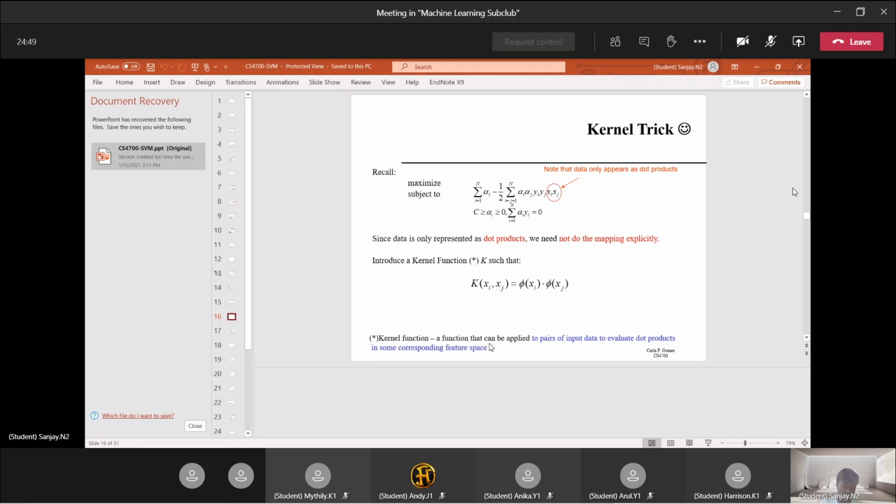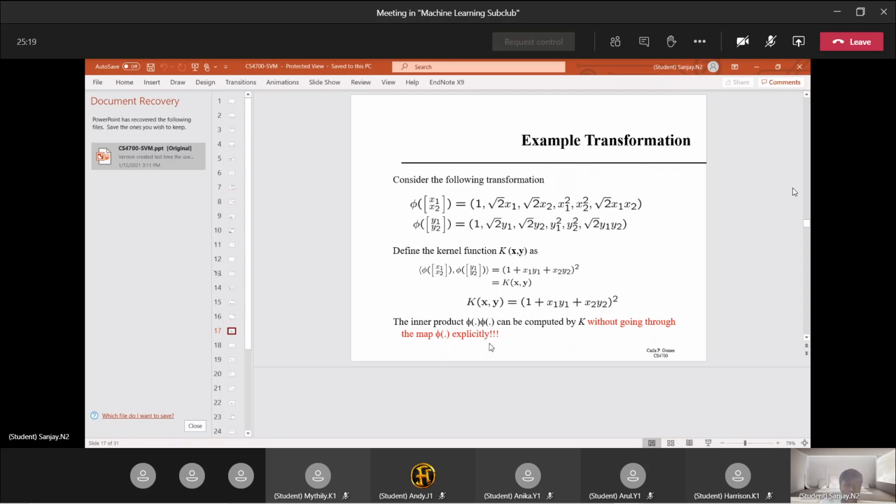So you can feed in maybe 5 to 10 features in a single data point, and the kernel function, which would be a pre-processing step into the SVM, would take that data and evaluate dot products of that data in order to map those values into a corresponding feature space of higher dimension. So this again is a transformation, and there's a lot of math involved here, but I'm going to skip it.